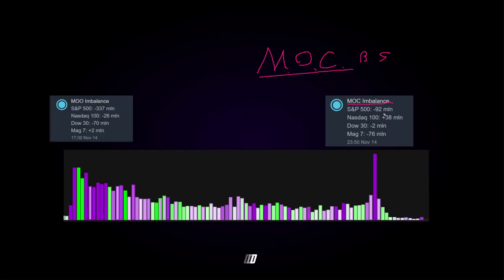And even here you can see on the S&P 500 we have minus 92 million. It's not much. We normally see way more. And you had a clear purple selling delta type of volume. And that's where the single biggest volume candle happens in every single session.